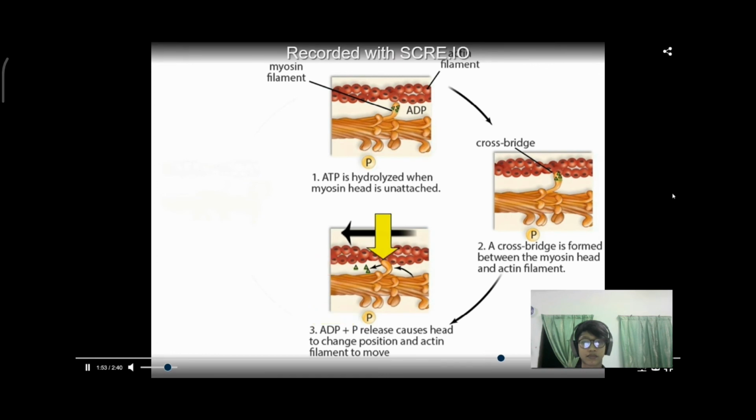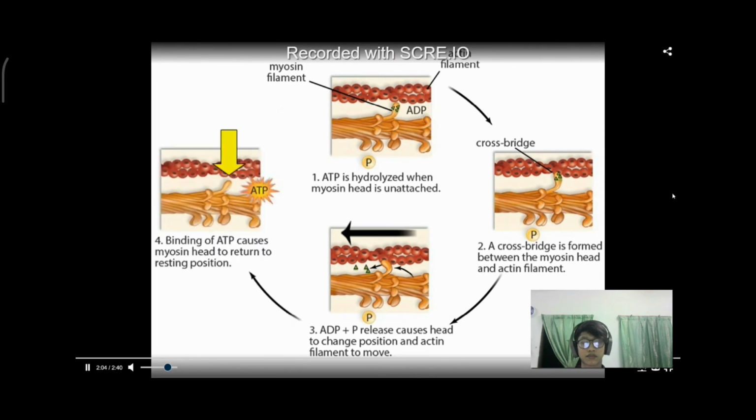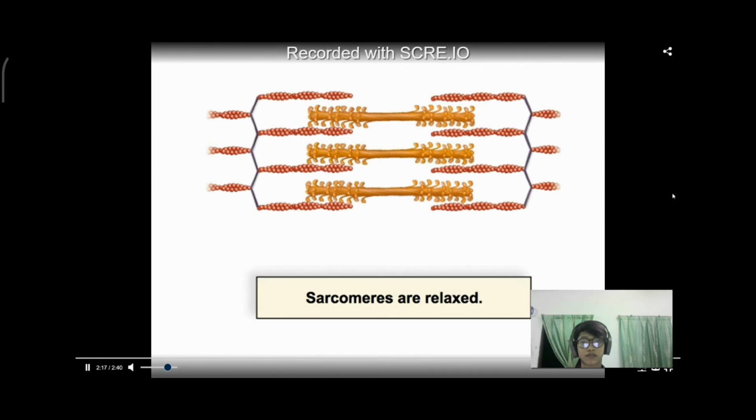Once this cross bridge is formed, the ADP and phosphate are released, and the cross bridge changes its position. This is the power stroke that pulls the actin filament toward the center of the sarcomere. When ATP molecules bind to the myosin heads, the cross bridges are broken, and the heads detach from the actin filament. This completes one cycle of the contraction.